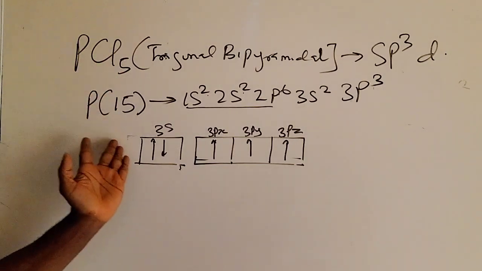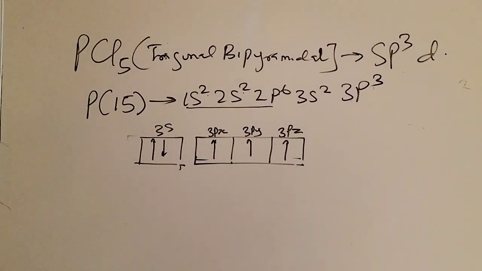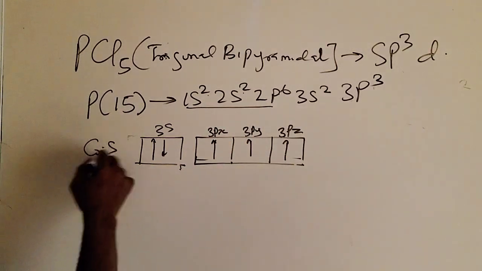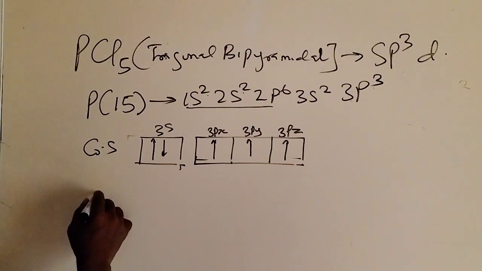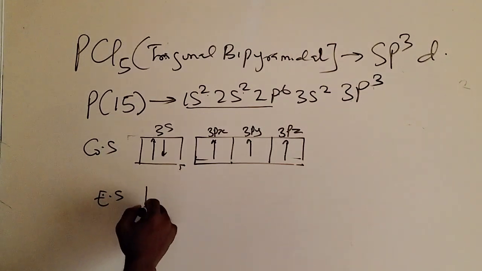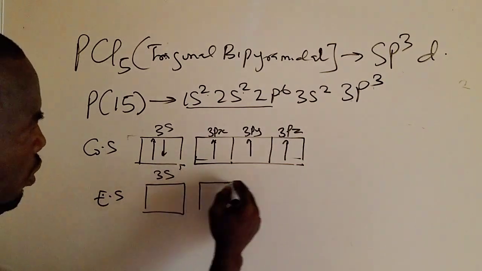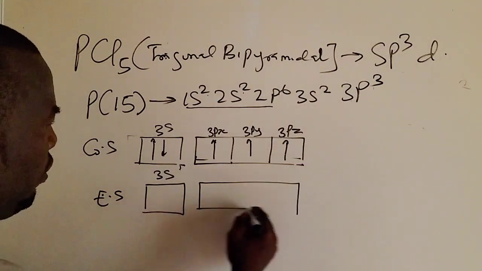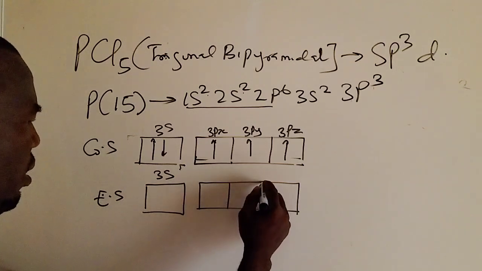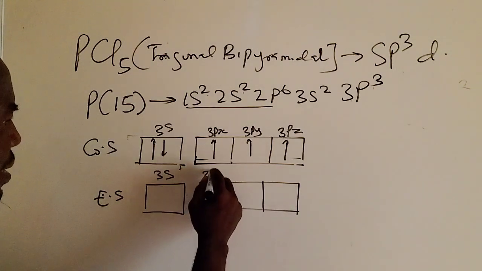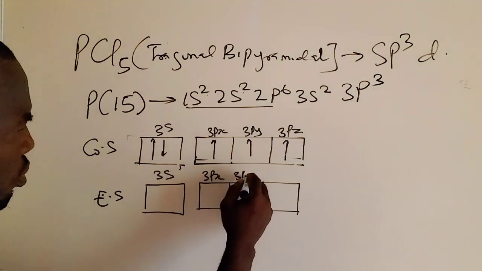So we should have 5 unpaired electrons. That means there should be an excited state. So in the excited state, the next orbital that should come in after the 3p is not the 4s, no. Phosphorus uses the 3d in hybridization.